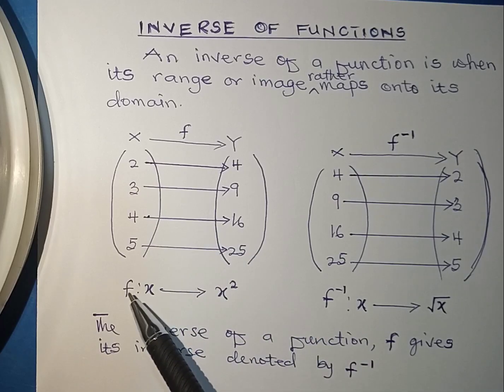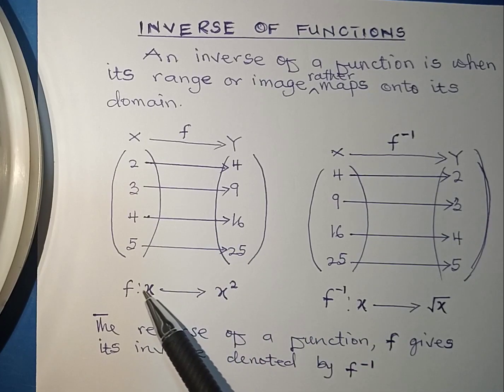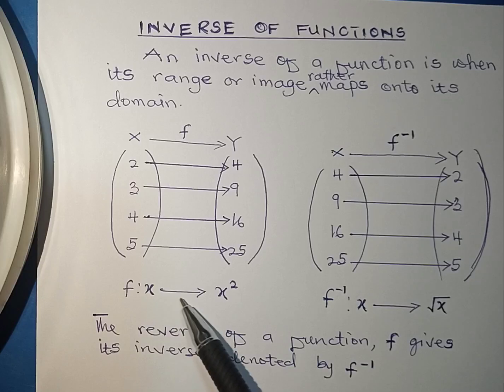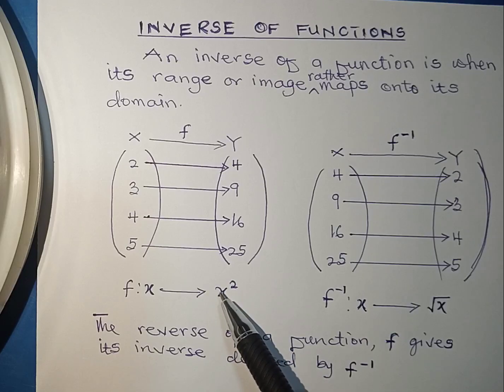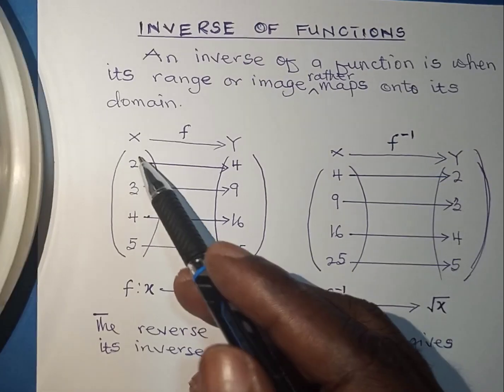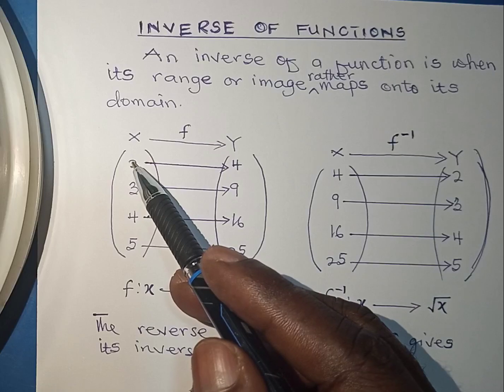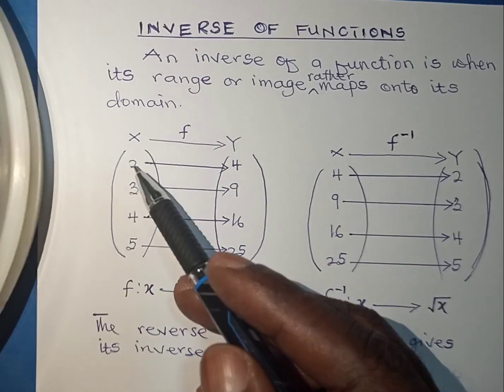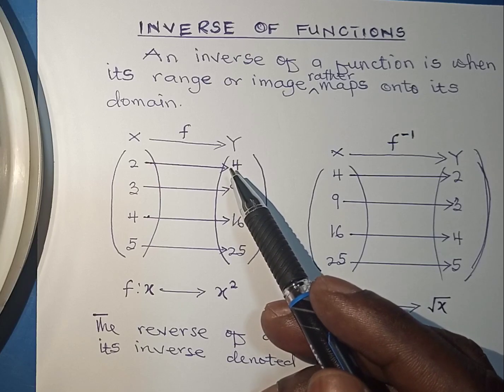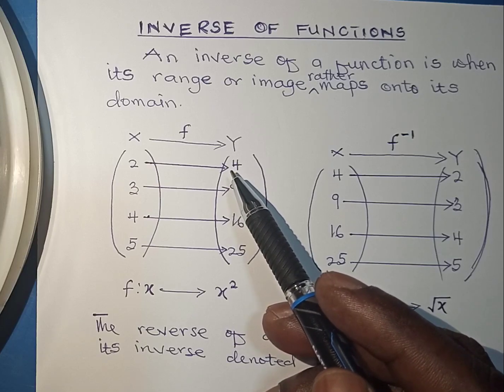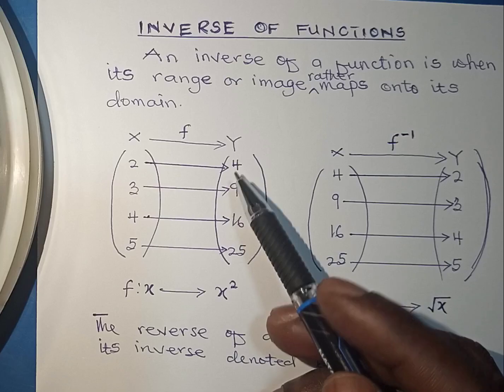Looking at this, you see that this is the rule of the mapping. In this case, it says the square of x, that is, anytime you square an element of the domain, it gives you its corresponding element in the codomain, in that case the range or image.